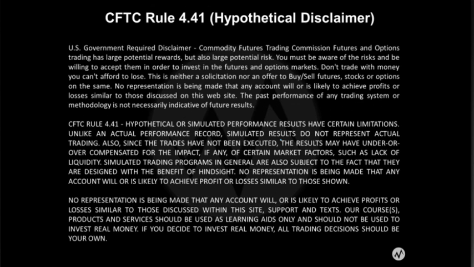Now that we got that out of the way, we also have to show you CFTC Rule 4.41. I'm talking really fast, and that's just because we're going through it all. I'm not going to read CFTC Rule 4.41. All this is saying is basically that if we are showing you examples from the past, obviously there's no guarantee that it's going to happen again in the future. And that being said, I do not teach any strategy to people that I'm not willing to trade with real money myself.